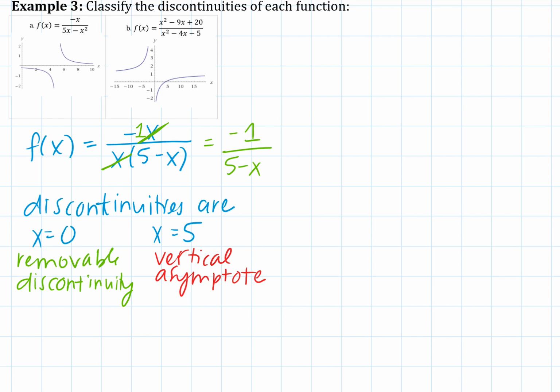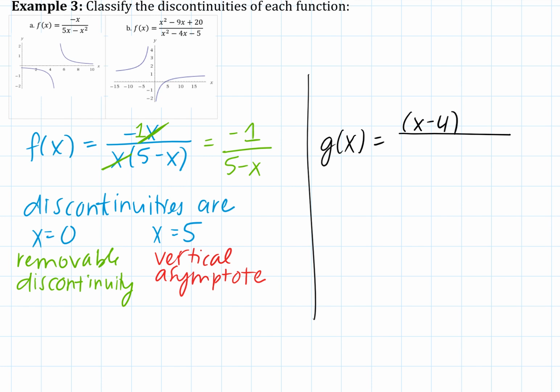Okay, let's take a look at g. G of x is, once we factor it, and we're factoring so that we know what the discontinuities are. And so we can see if any of the factors get removed, therefore producing removable discontinuities.